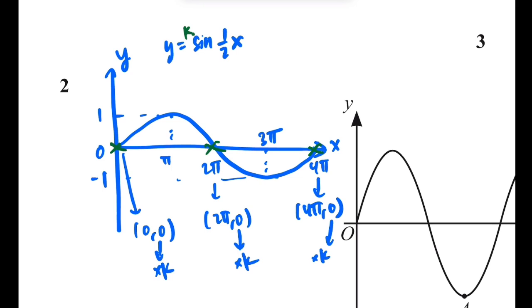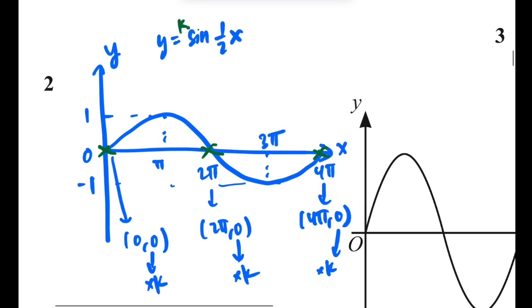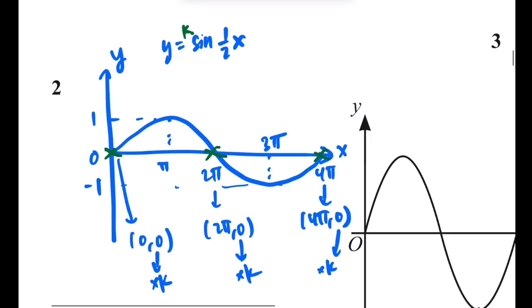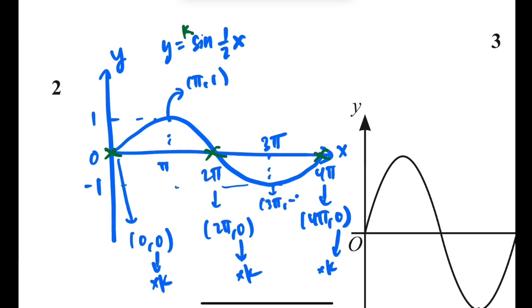What will change is the values above and below the x-axis. Everything here will be multiplied by k. But since it's impossible for us to do it one by one, we can just focus on the maximum and minimum values. The maximum value that we have here is pi, 1, and this one is 3 pi, minus 1.